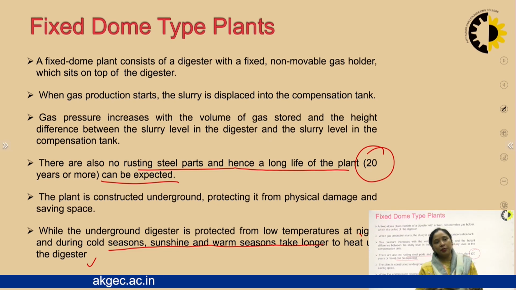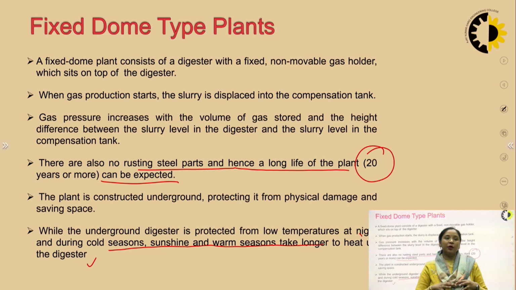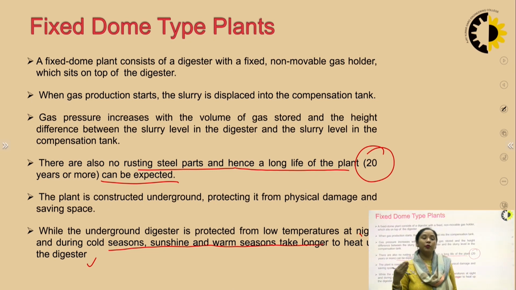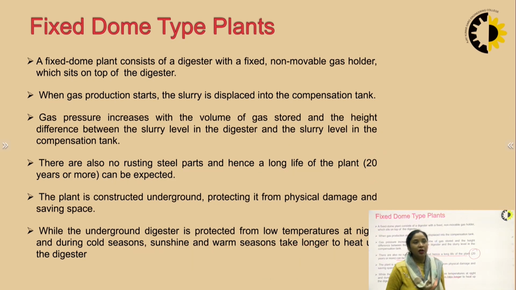When it is not being generated or given to the slurry, the fermentation will not happen. So it is protected from the outside environment. That's why a fixed dome sometimes has a better efficiency as compared to the floating type.